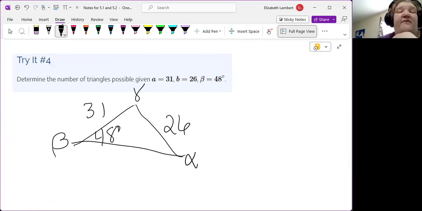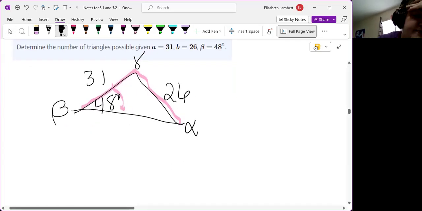All right, so our known quantities are the angle measure, this fixed side, and this fixed side. So that 26 is smaller than 31. And our angle's not too tiny. So let's go ahead and set up with alpha.